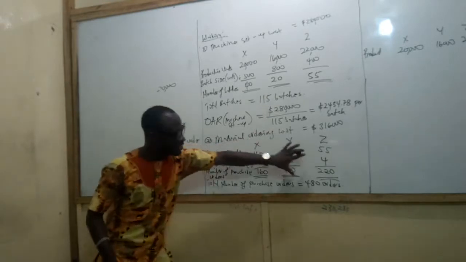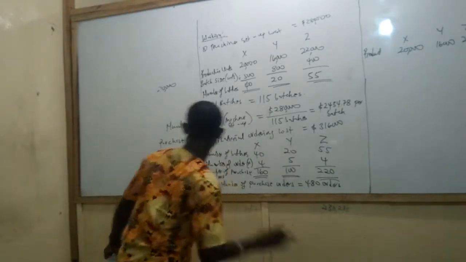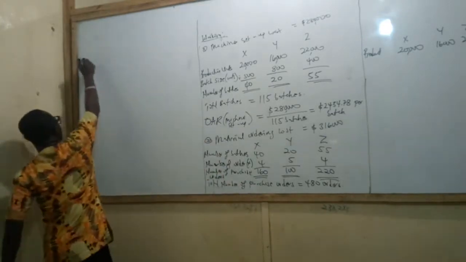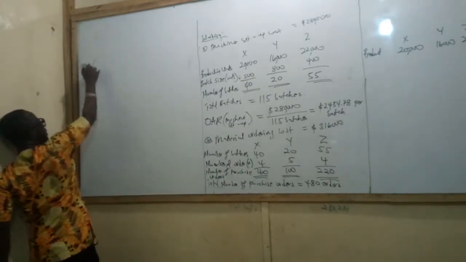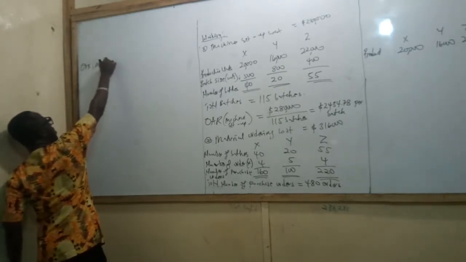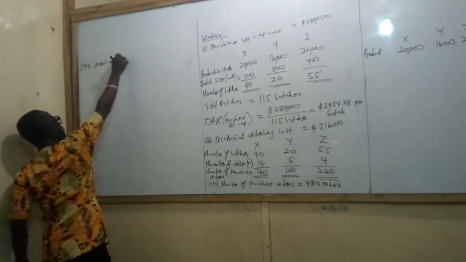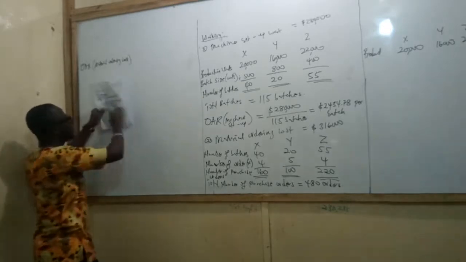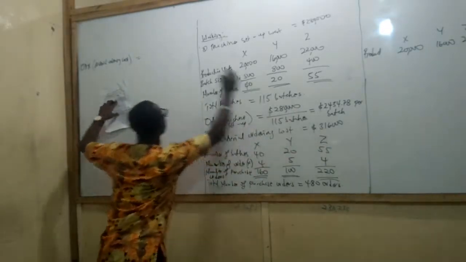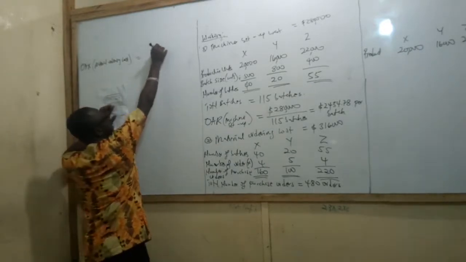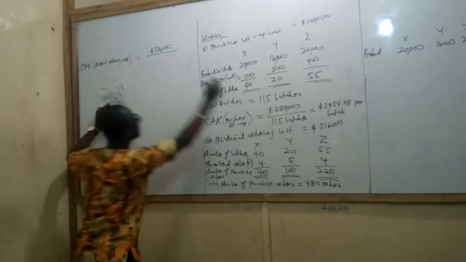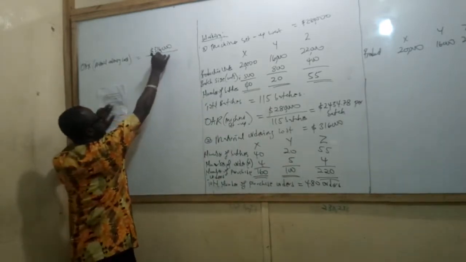Now that we have this, I'm writing from left to right. So we now calculate the overhead absorption rate for the material ordering cost, and that is going to be based on the total here, 316,000 divided by 480 orders.